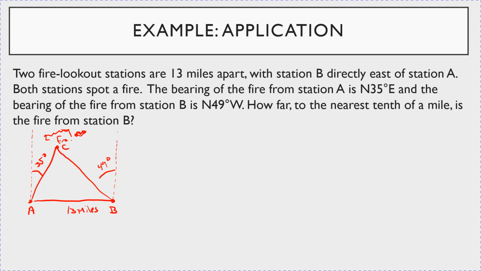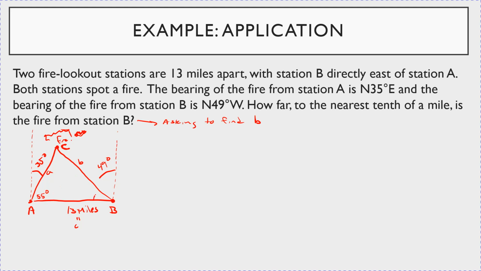Well, here's C, this is going to be angle C. We know lowercase c is 13 miles. It's asking me to find lowercase b. So if this angle is 35 degrees, we know that this interior angle has to be 55 degrees, right? 90 minus 35 gives you 55.